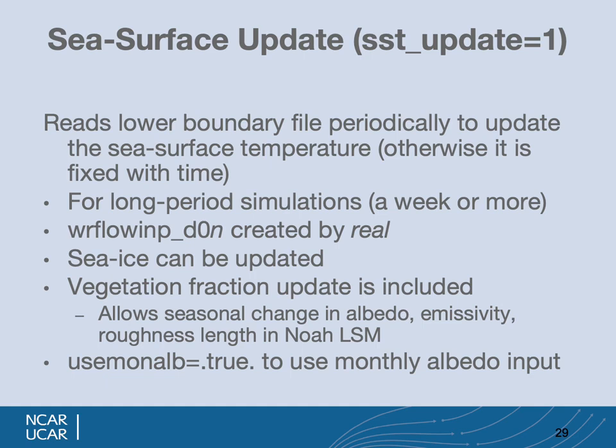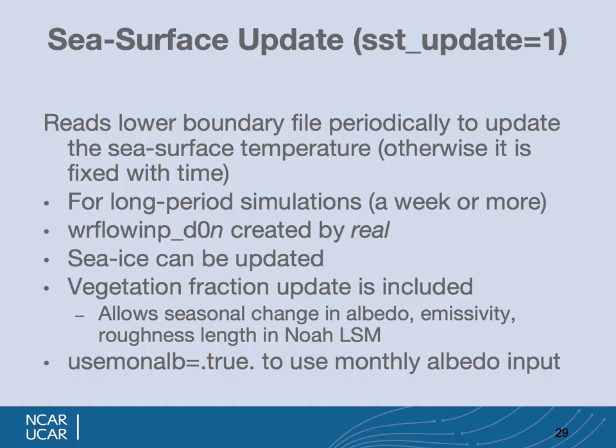Sea ice is also updated at the same time. These fields are put into the WRF input file when you run real with this switch turned on. And they're coming from the same place as your meteorological data. They're coming from the MetGrid files, but they're put into this WRF input file, which is a time-dependent file that the model can read as it runs.